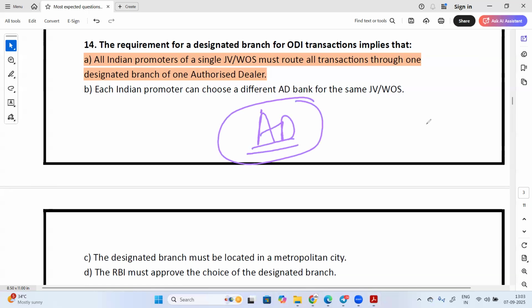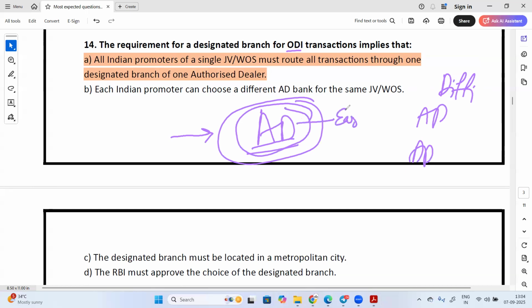Why is it so? Because if they are using multiple ADs, it will be very difficult for the bank to track all their ODI transactions. As per the RBI guideline, only one AD should be there, and you have to route all the transactions through the same AD, so that it will be very easy for reporting purposes. Because whenever you are doing any ODI transaction, you have to report it annually to RBI.